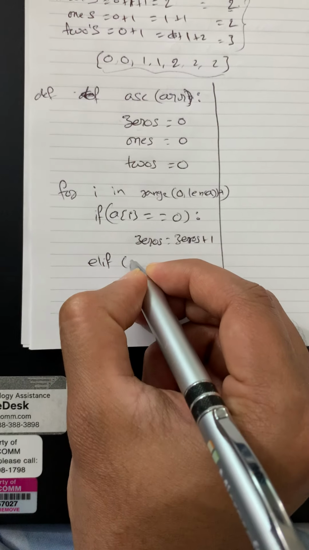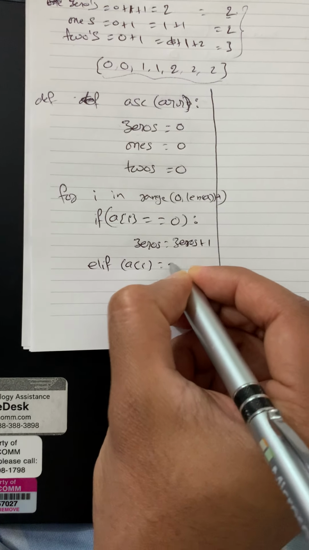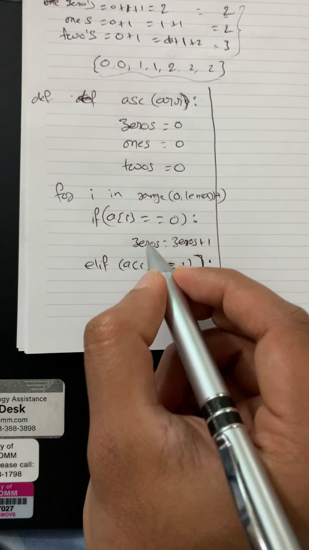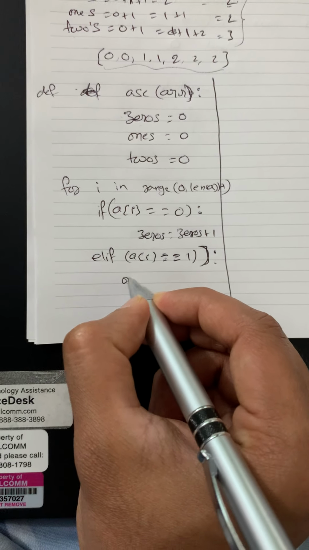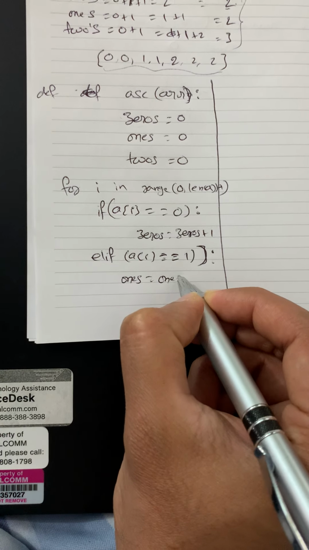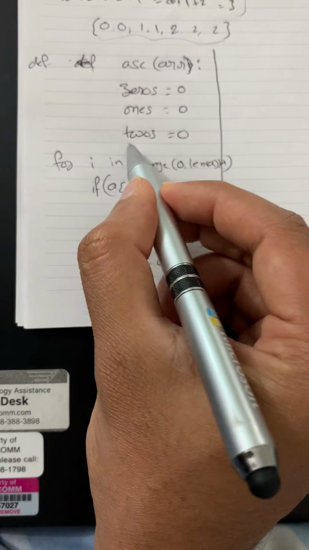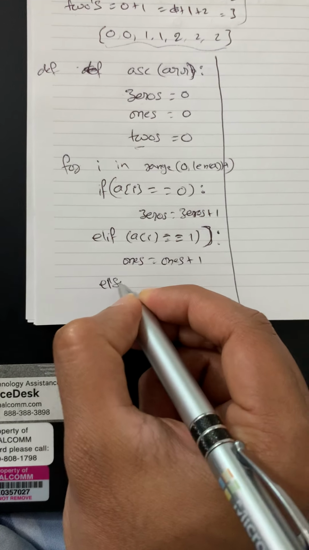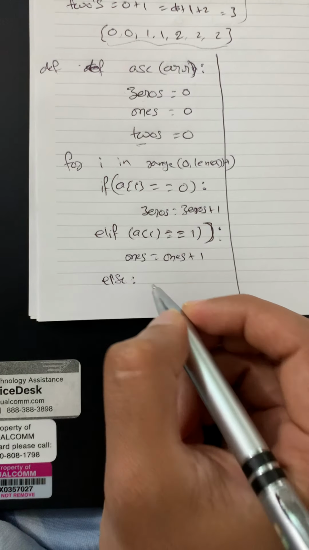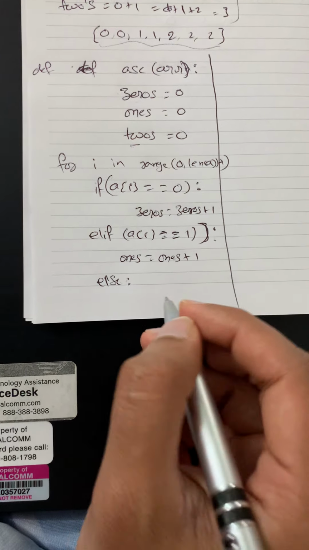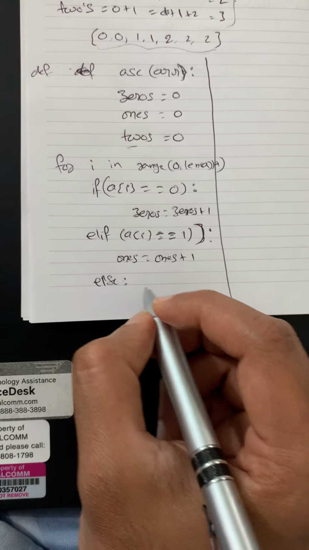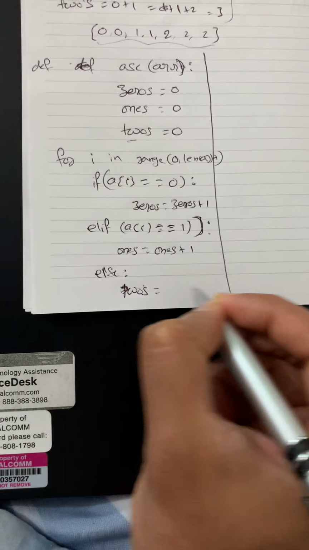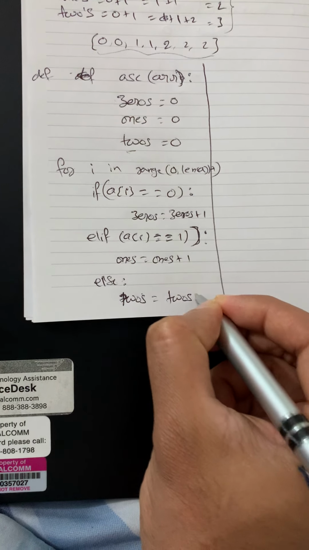Else if a of i equal to 1, I'll be incrementing ones: ones equal to ones plus 1. And the final thing, I don't need any condition here because I know there are no other elements other than zeros, ones, and twos, so I'll just use else. I'm incrementing twos here, twos plus 1.